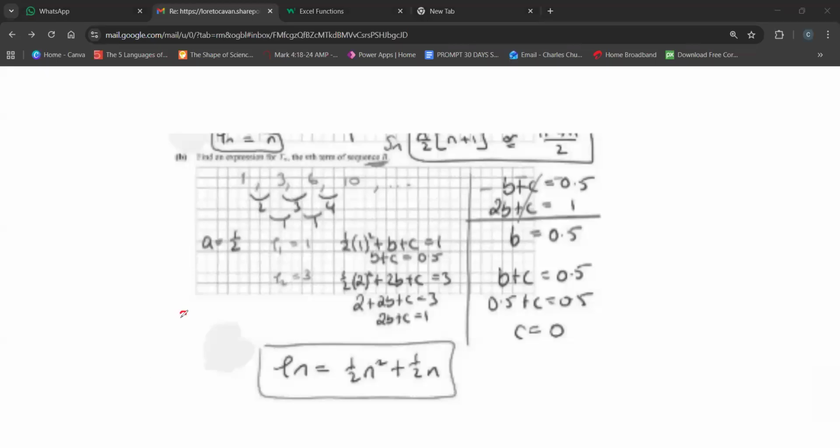Equals a n squared plus b n, plus c. Okay, so you were saying that you didn't know that you needed to use this formula, right?